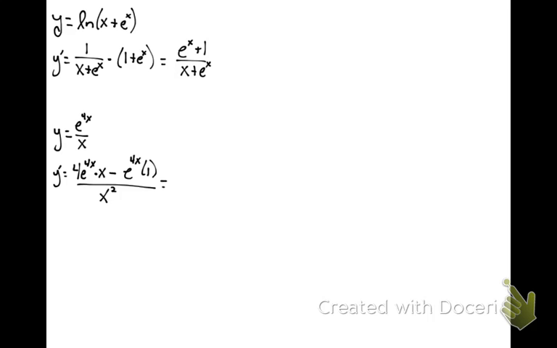And cleaning up the numerator, I'll factor out e^(4x), so this will be e^(4x) times (4x - 1) all over x squared. Again, that factoring to clean things up is a really useful thing to just get in the habit of doing, because when you need to do it, it's super helpful. Whether that's finding extrema or taking second derivatives or what have you.